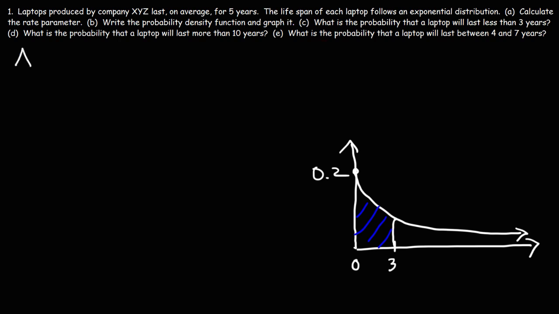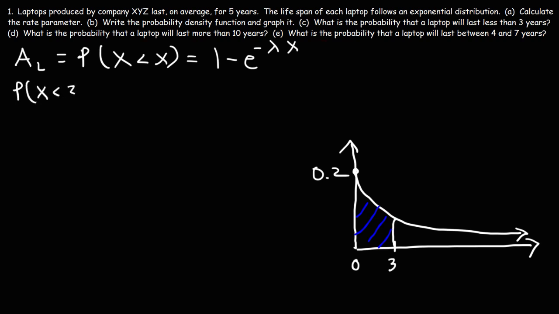Now the area on the left side can be calculated using this formula. The probability that x is less than a given value x is going to be 1 minus e raised to the negative lambda times x. So we want to find the probability that x is less than 3. So it's going to be 1 minus e raised to the negative 0.20 times 3, which is 0.6.